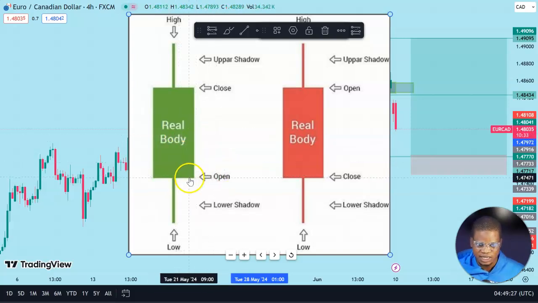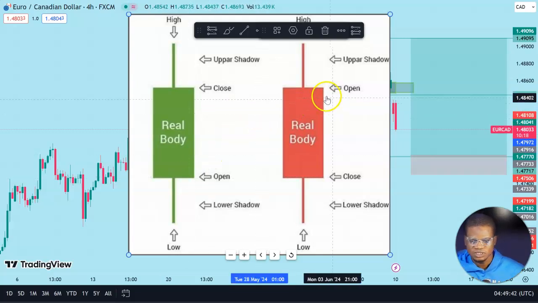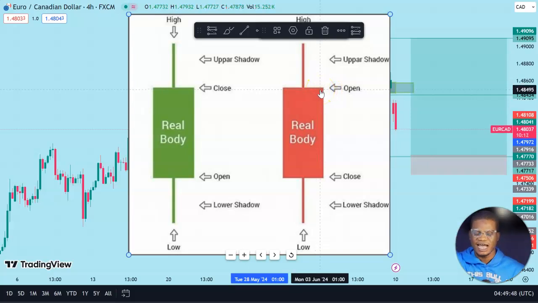So the concept is that when the candle opened a little bit down and it went up to close at a higher price, we call it a bullish candle because the price moved from a lower angle to a higher angle. And the opposite is for the bearish candle. For the bearish candle, price opened up, which means the movement started at a higher price.